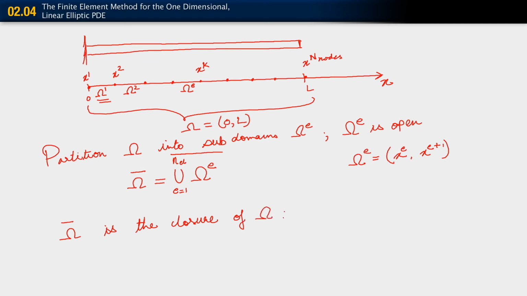It is basically saying that omega bar equals omega itself union the boundary points of omega, which, to introduce even more notation, is written as that. Partial of omega refers to the boundary of omega. These are purely technical points, but it's useful to state these now so that there's no confusion later on about what we're doing with nodes and so on.